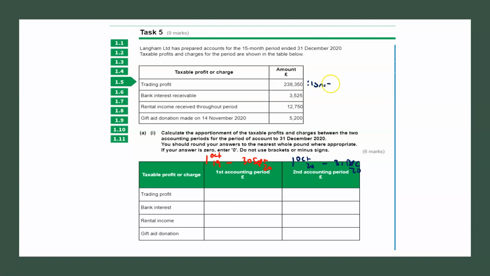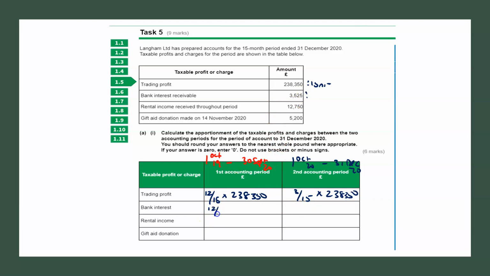So what we have to then do is say, well, what is 12 months of that times 238,350? And in this regard, we will have 3/15ths of 238,350. Same thing will apply, of course, to the bank interest.